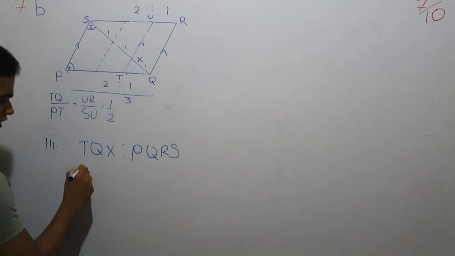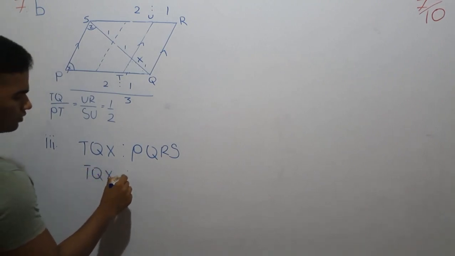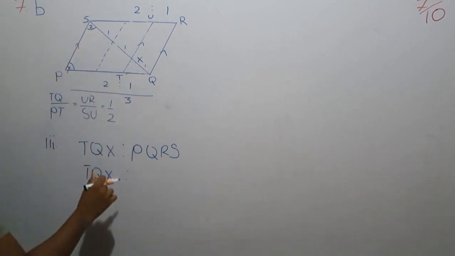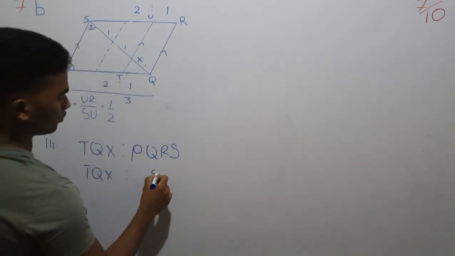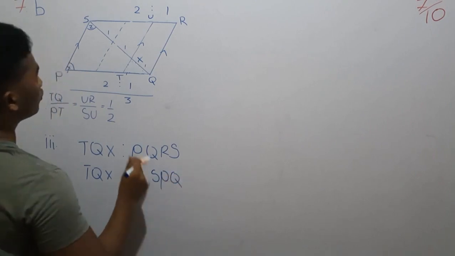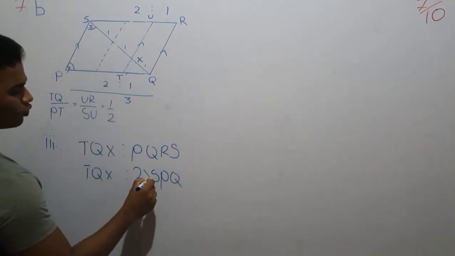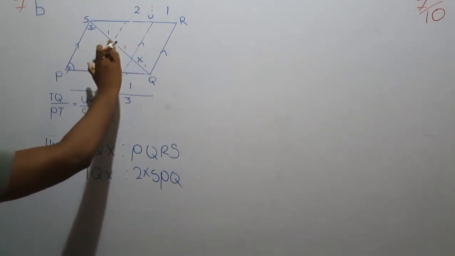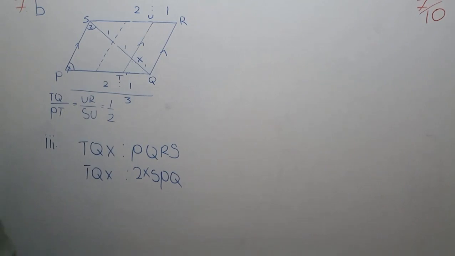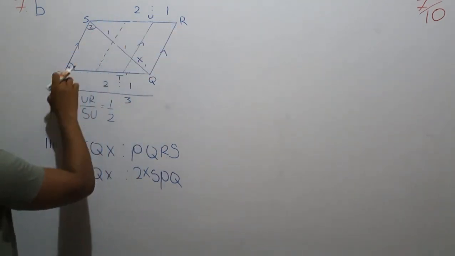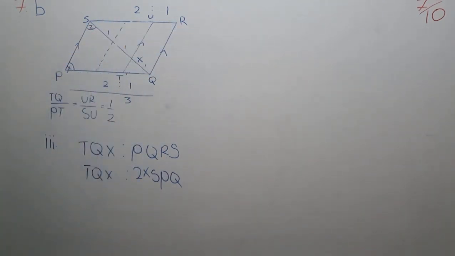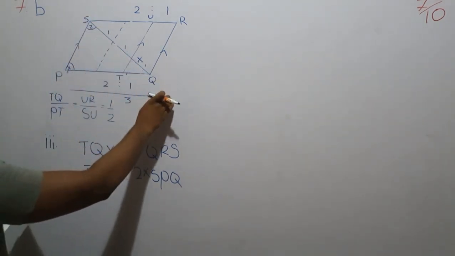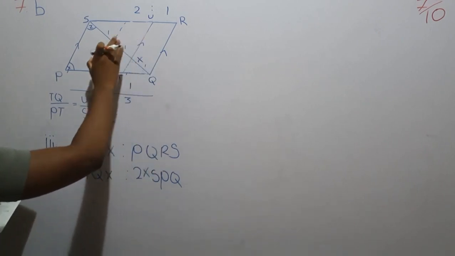So I'll write triangle SPQ into 2 because they are congruent triangles, so it is into 2. You can either use SRQ or SPQ. So this parallelogram, when you divide it with the line SQ, contains two equal triangles.